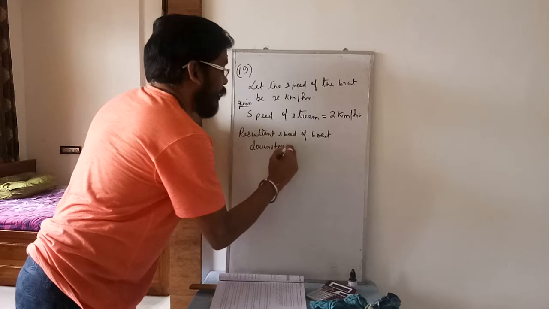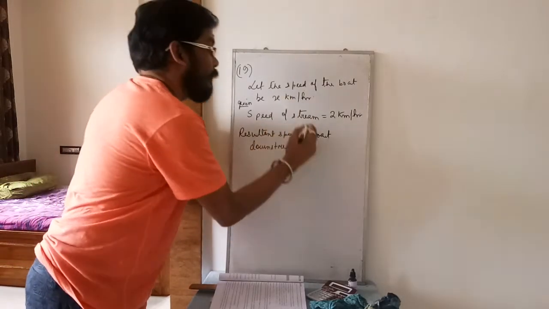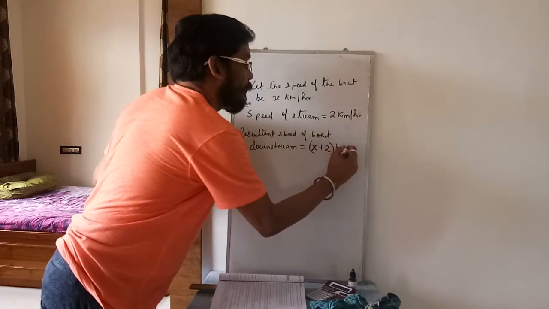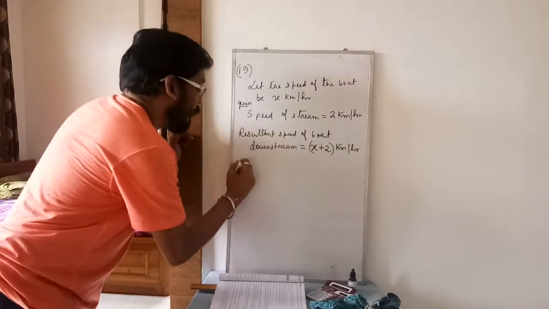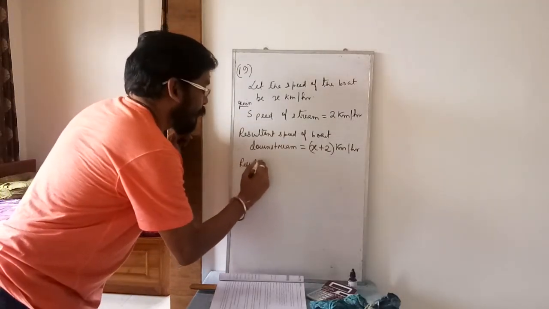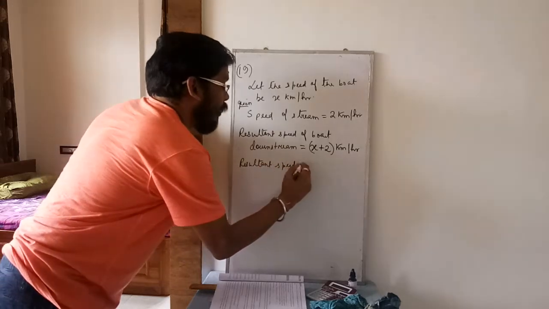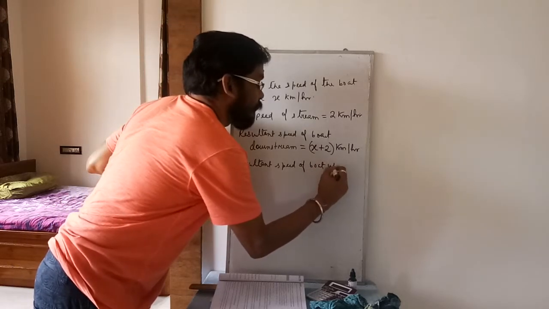So when it is downstream, the speed will increase. Speed of the boat plus speed of the stream. You will add them up. This type of question you will get in class 10 also. Again, resultant speed of boat upstream.